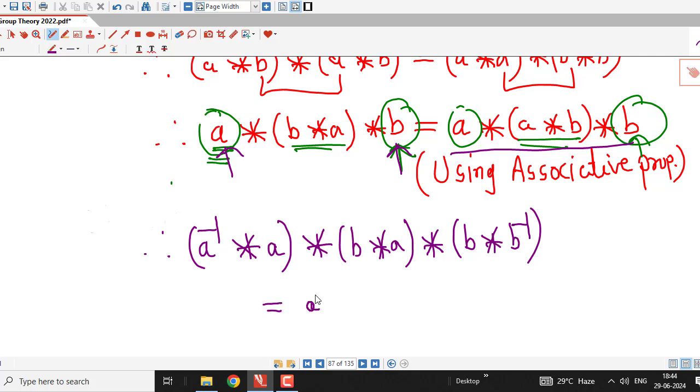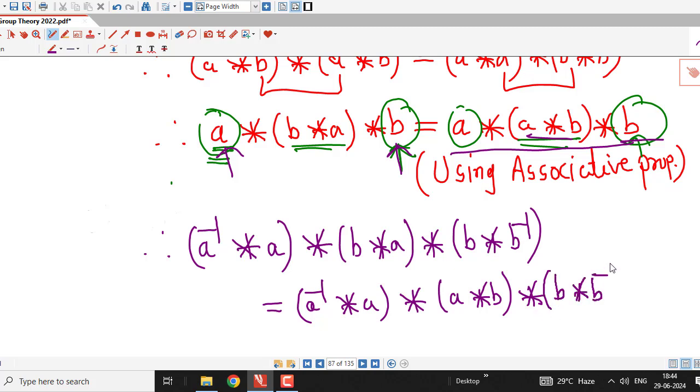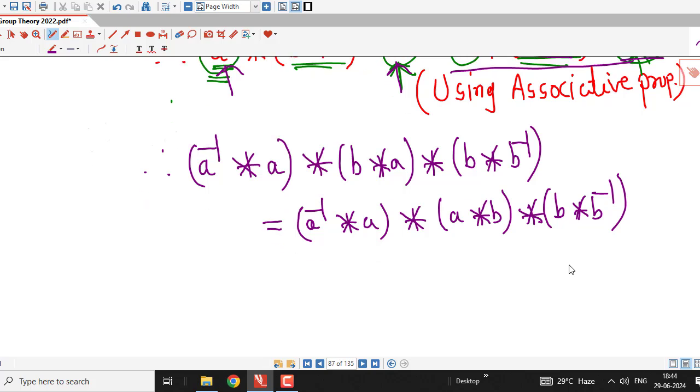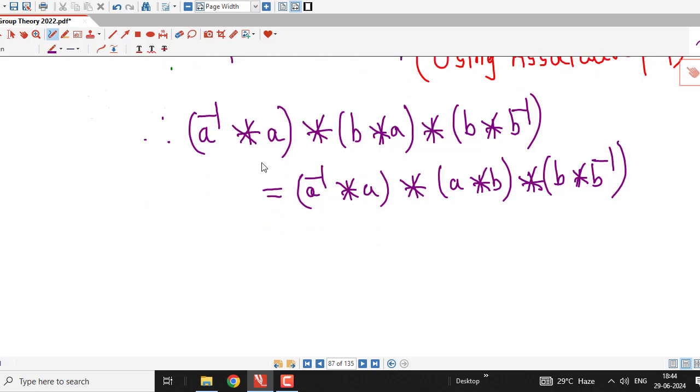Here also we multiply by A inverse, so A inverse star A, and we keep this A star B as it is, star B inverse. And this we can always do because A and B are elements of group G, therefore their inverses exist.